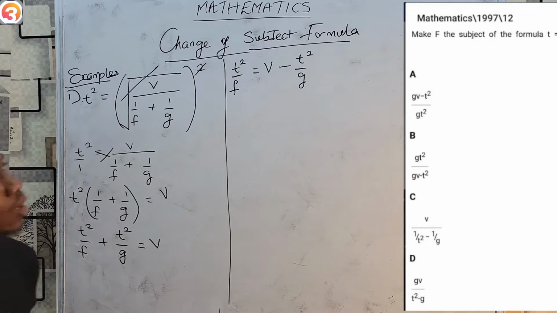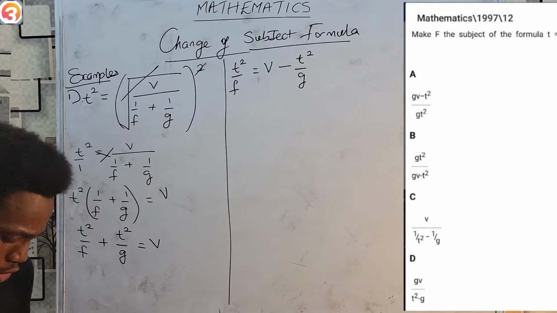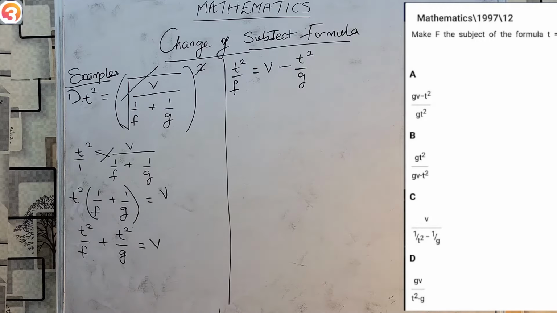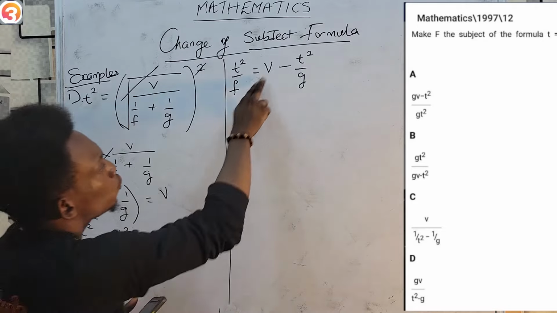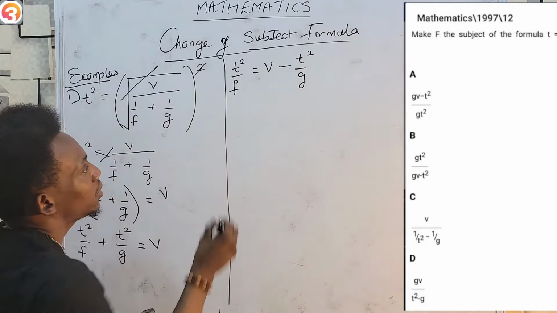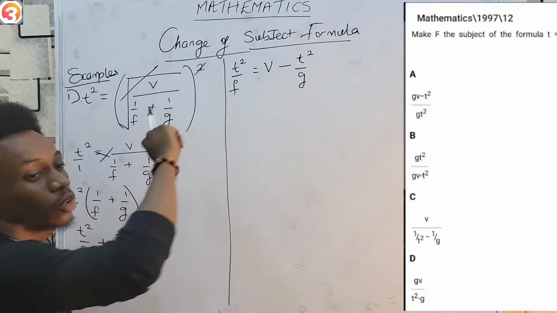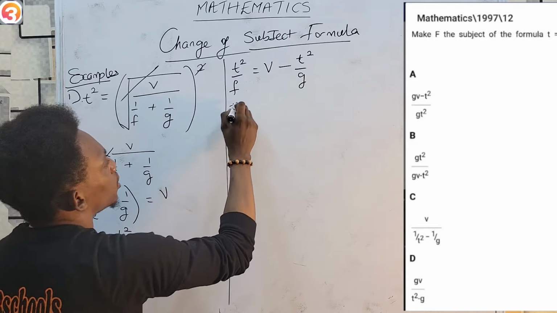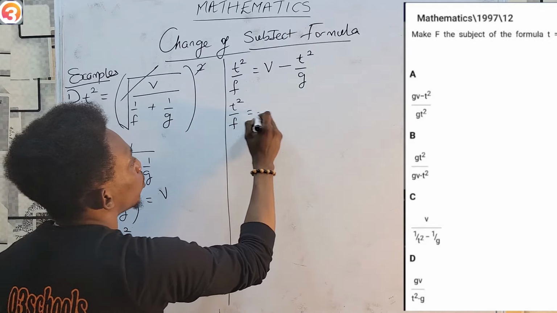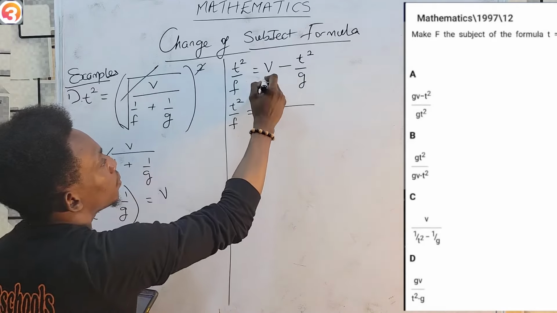We're having T squared over F on one side. Remember, I want to find F, right? So how can I begin to make this F stand alone? Well, one easy way I see right now is to do a bit of solving on this first. So we have everything over one thing. That means T squared over F was, what's the LCM of this?